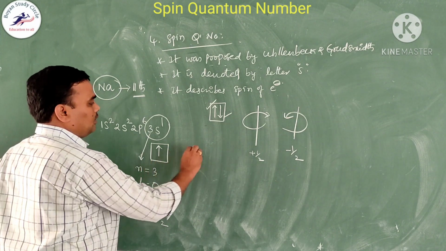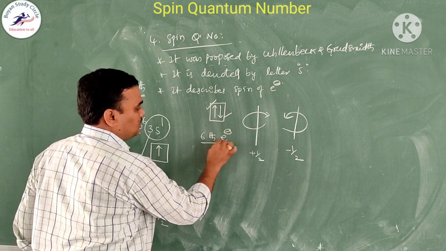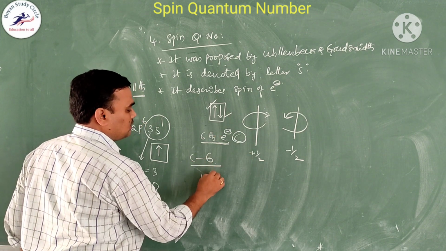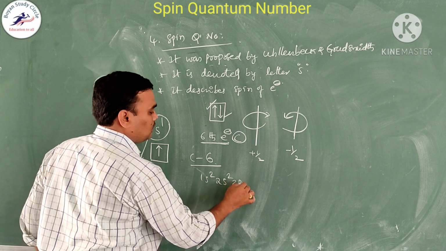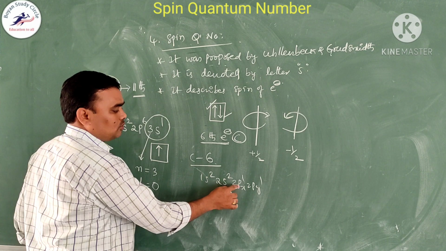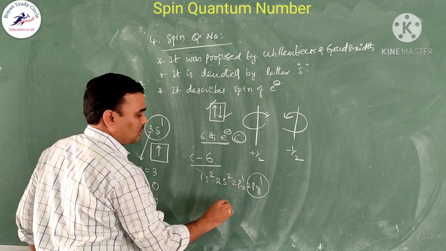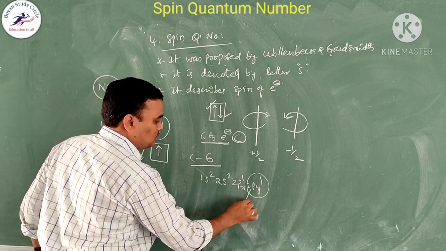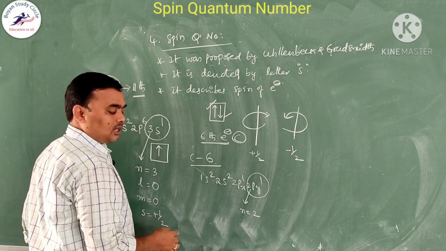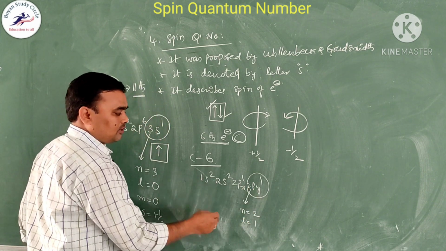If you want to write the quantum numbers of the 6th electron in carbon: what is the carbon atomic number? 6. The electronic configuration is 1s2, 2s2, 2px1, 2py1, and this is the 6th electron. It is present in the second main shell, and p indicates the l value is 1.